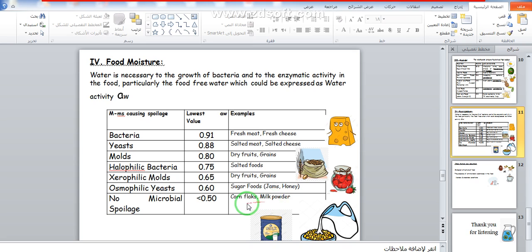Milk powder or cornflakes with active water less than 0.5 will not be spoiled by microorganisms, except when we open the cover and let the active water rise higher than 0.5, then it will be spoiled by either osmophilic yeasts or xerophilic molds, and this is due to inappropriate store conditions.